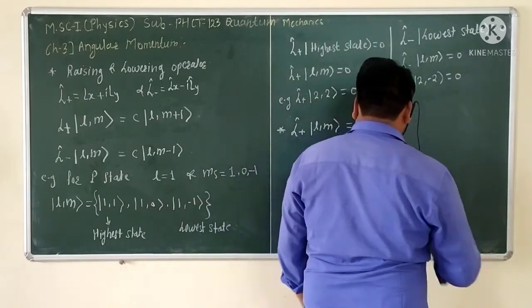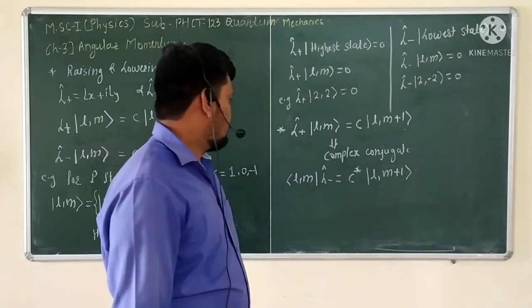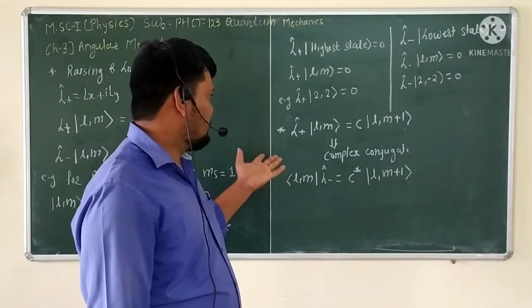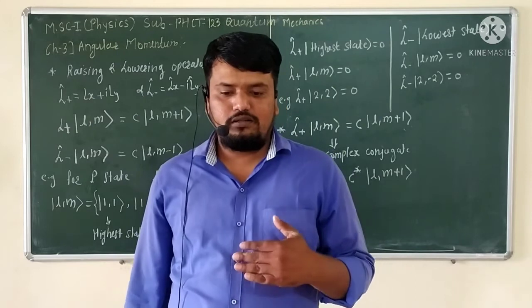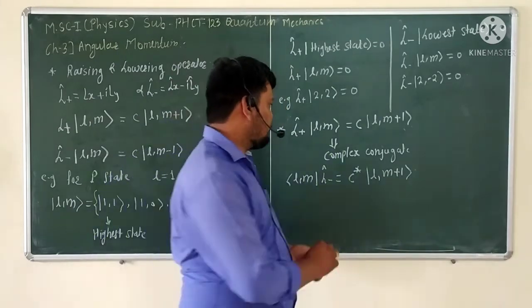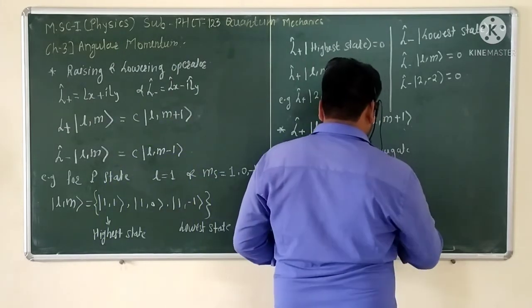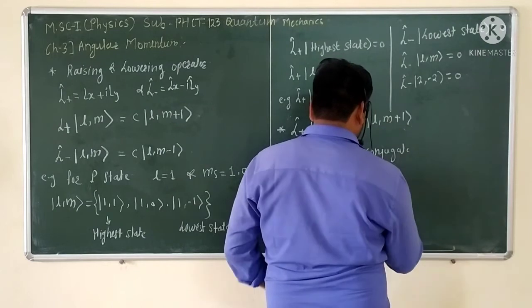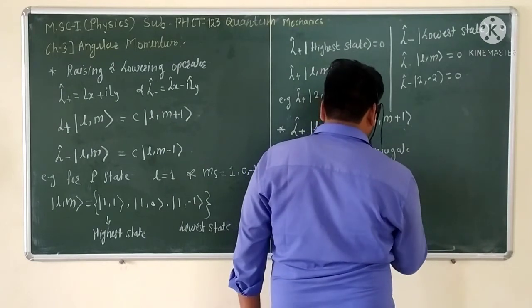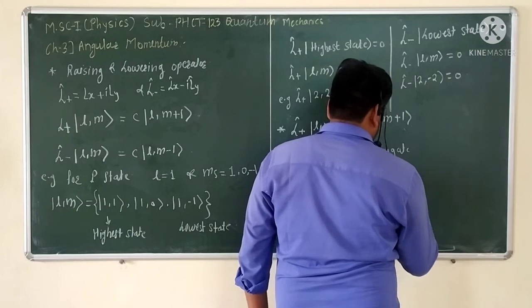This is the complex conjugate of L plus cap. And if we solve this relation, taking the complex conjugate, we get the bra of L comma m plus 1.